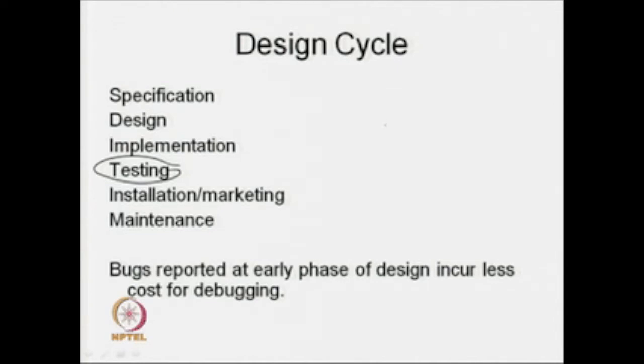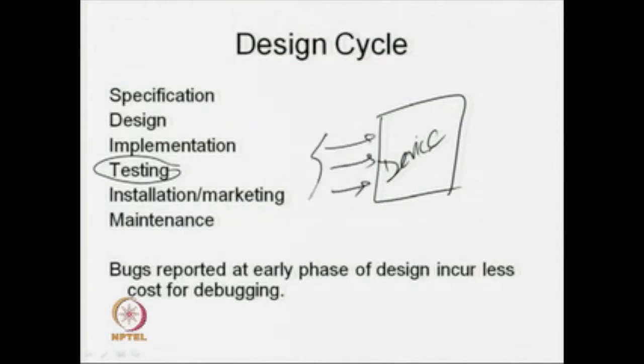So I can say I am designing a device, and I can treat it as a black box. There are several inputs available for this device, and according to the input behavior, we get some output.